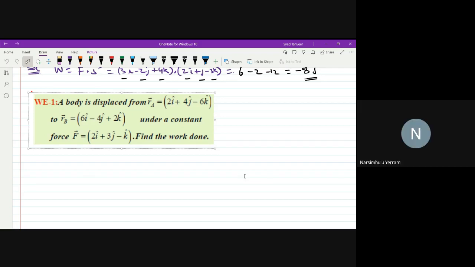From that, how to calculate work done? First we have to subtract RB minus RA to find the displacement. Next we can multiply, the dot product. We'll find the work.